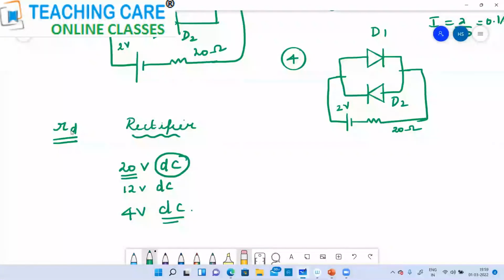It should be converted to DC. There are some situations we have to convert AC into DC. And we have to bring down the voltage also. Where we have learned to bring down the voltage, step down transformers. And this is converting AC to DC. We are going to see what is a rectifier, how it is going to help us.